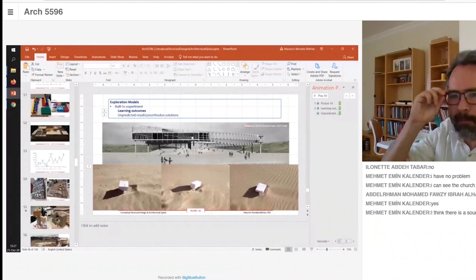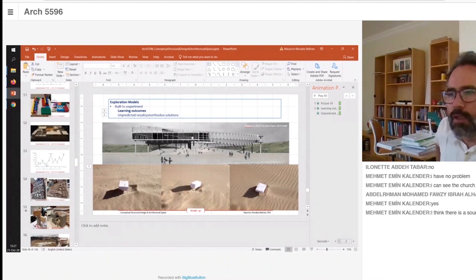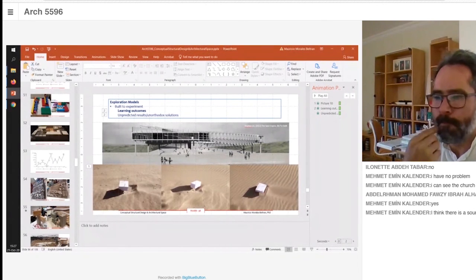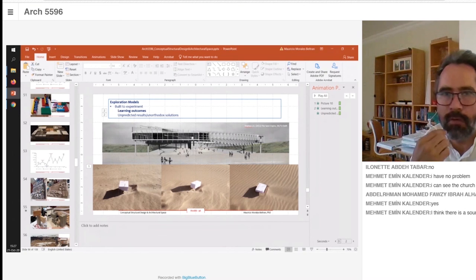I lost you for a while, but I think I understood. By the way, thank you for your comment at the beginning. I think this method, the sawtooth method, will work for any architectural design studio aiming at introducing technical variables.